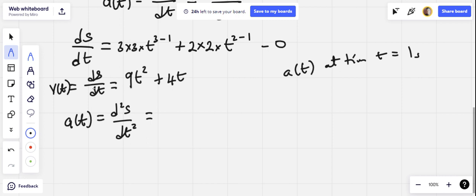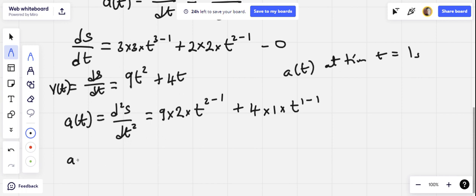So we take the differential of this again. This will be 9 times 2 times t raised to the power of 2 minus 1, plus 4, the power of t here is 1, 4 times 1 times t raised to the power of 1 minus 1.